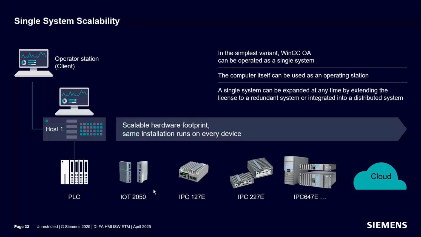It also installs nicely on a Raspberry Pi if you want to use that. Then, of course, a whole range of industrial PC solutions. This is now the product lineup from Siemens, but of course it runs on any hardware that you throw at it, literally speaking. From the smallest up to the largest, multi-core, no problem. That is how we scale for one system on one machine.